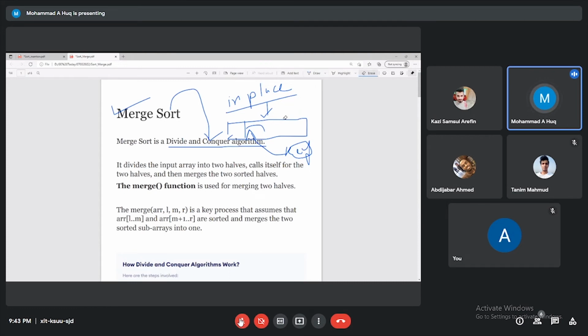And this is another algorithm, which we are saying follows the divide and conquer approach. Divide and conquer is a very important thing when you face a viva. They will ask you, what is a divide and conquer algorithm?